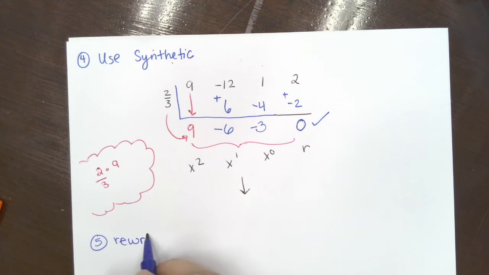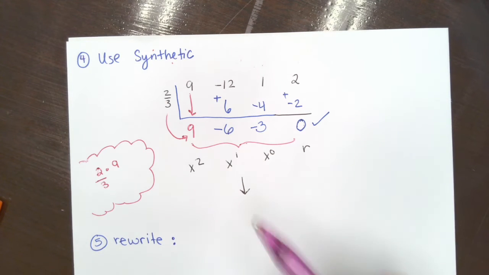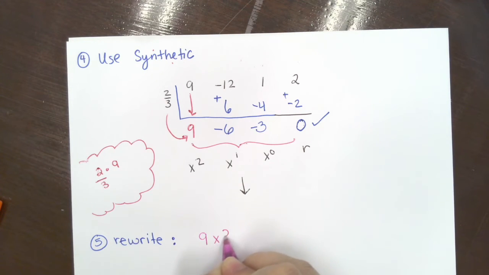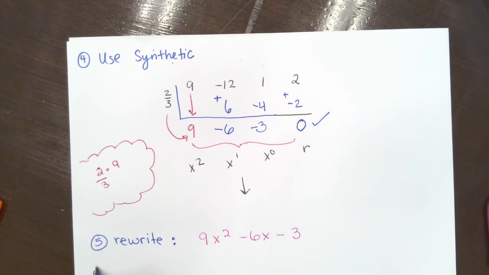So we're going to rewrite this as 9x squared minus 6x minus 3. Then we're going to immediately do step number 6, which is try to factor. If you cannot factor, then you just repeat steps 3, 4, and 5.